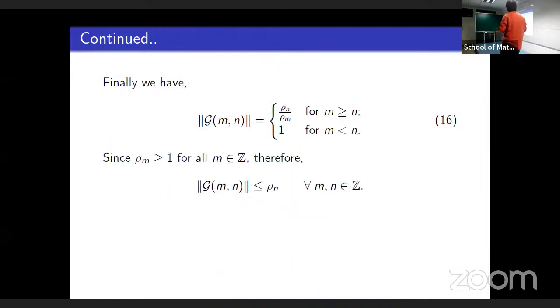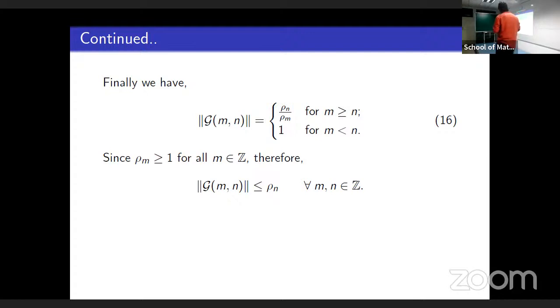So now if we calculate the norm in this setting, the norm of the script operator G becomes ρn upon ρm for n greater than or equal to m, and for n less than m it is 1. But we assume that the ρm's are greater than or equal to 1 for every m. Therefore, we can have a bound on the operator norm of G, that the norm of G(n,m) is less than or equal to ρn.